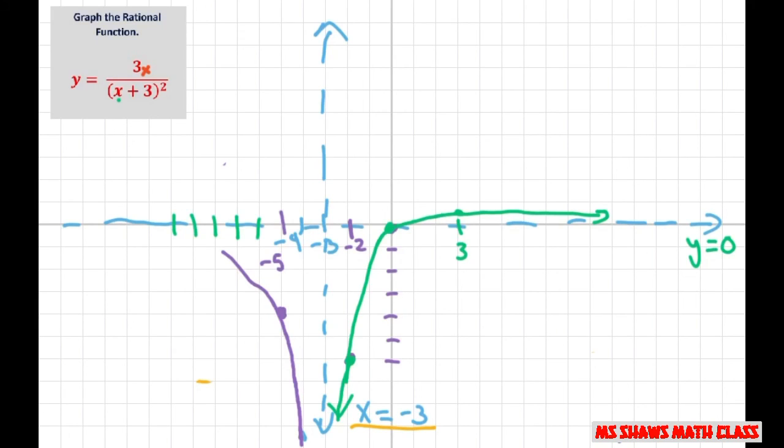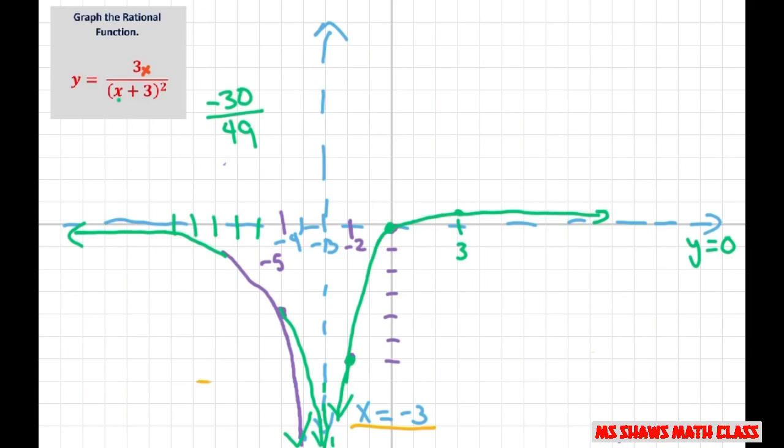If I plug in -10, I get -30 divided by (-10 plus 3), which is -7 squared, 49. So that's still less, it's kind of close to 0, so it's going to go like this. And so there's your graph. It looks something like this. This is probably getting closer down here because I didn't have a -12.